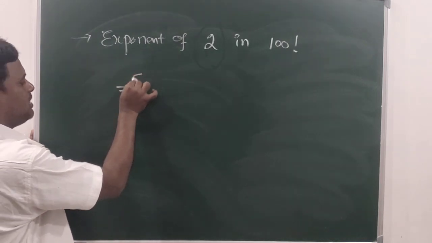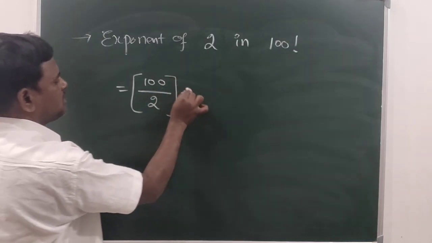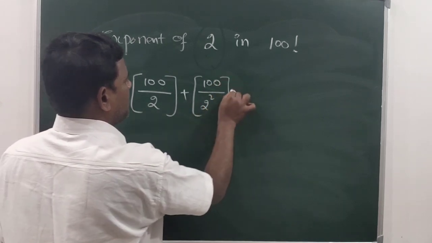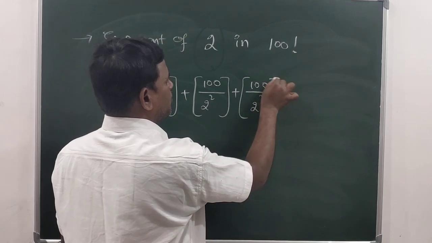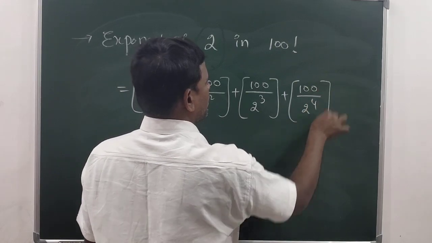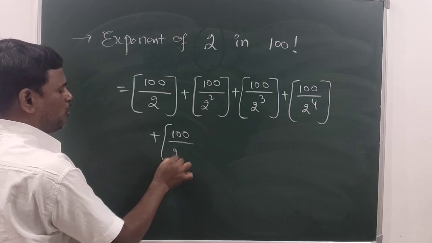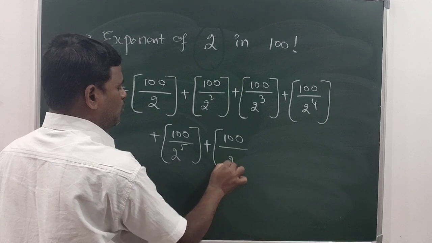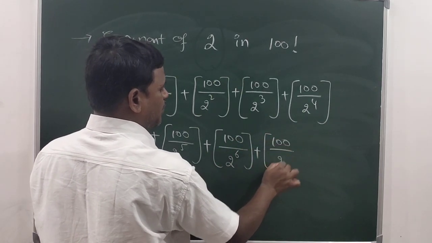So you have to write like this: greatest integer of 100 by 2 plus greatest integer of 100 by 2 square, greatest integer of 100 by 2 cube, greatest integer of 100 by 2 power 4, plus greatest integer of 100 by 2 power 5 plus greatest integer of 100 by 2 power 6. Next, greatest integer of 100 by 2 power 7.